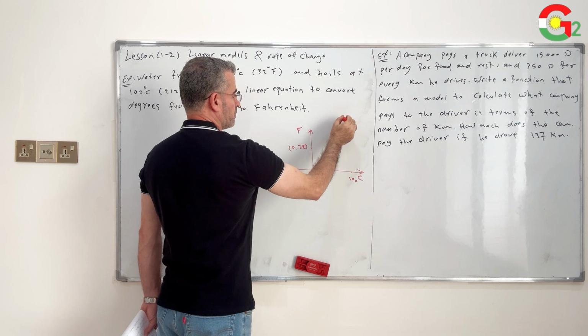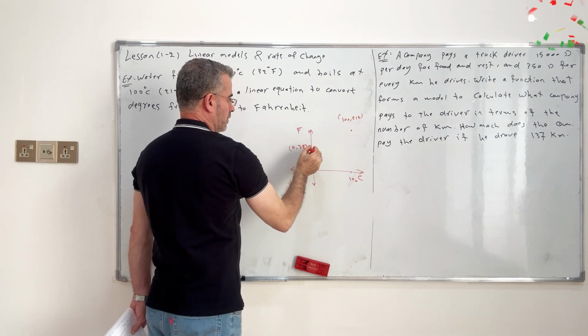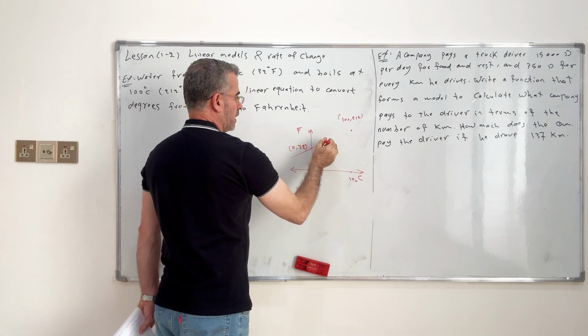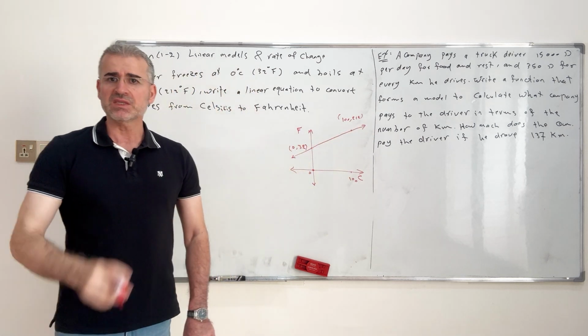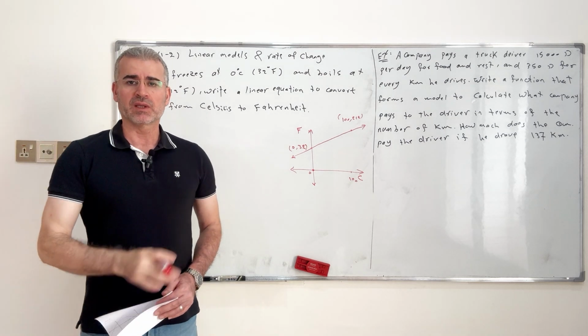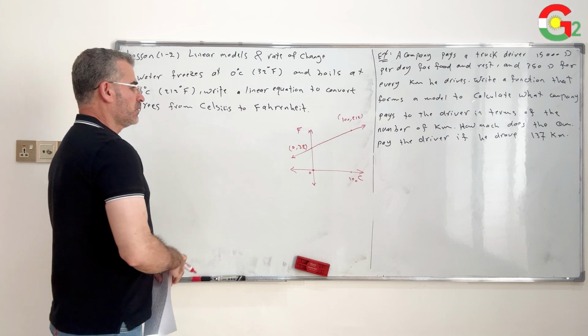The coordinate of this point is (100, 212). I want to find the equation of this line. Since I have 2 points that lie on the line, I can easily find this equation.